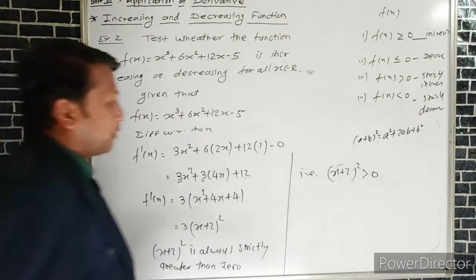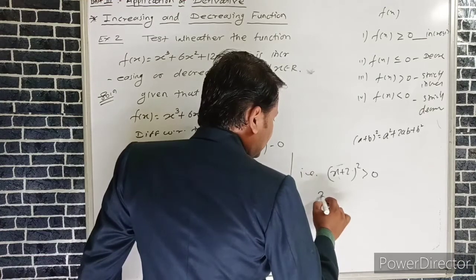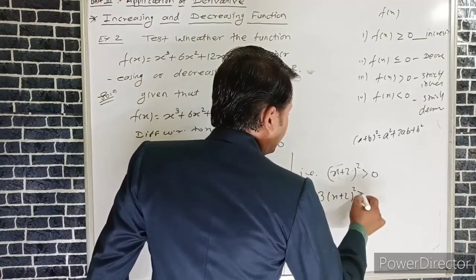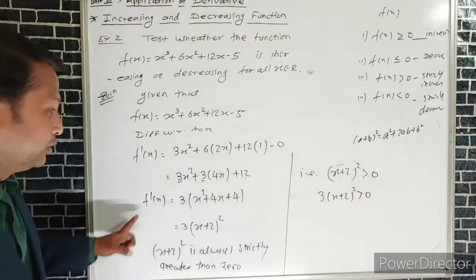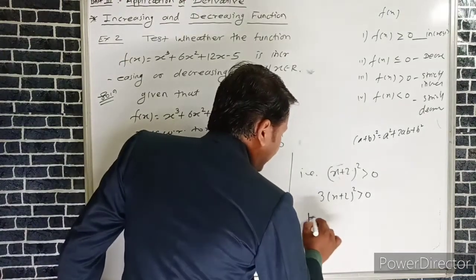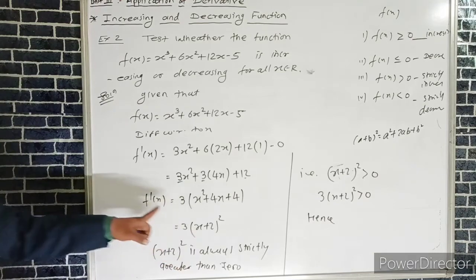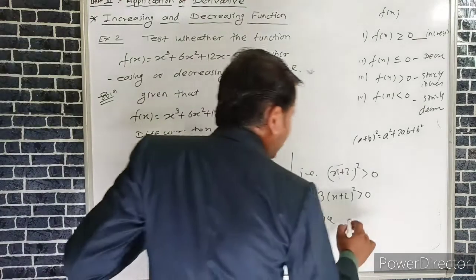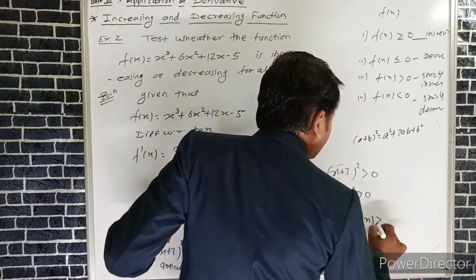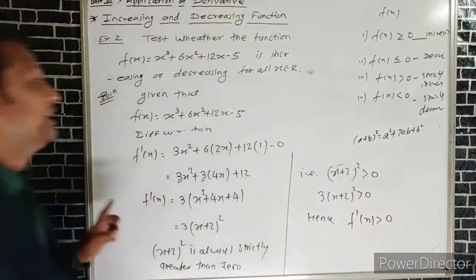Hence from the above condition, 3 into x plus 2 whole square is also greater than 0. Since 3 into x plus 2 whole square is the value of f dash of x, we can write f dash of x is greater than 0, meaning strictly greater than 0.